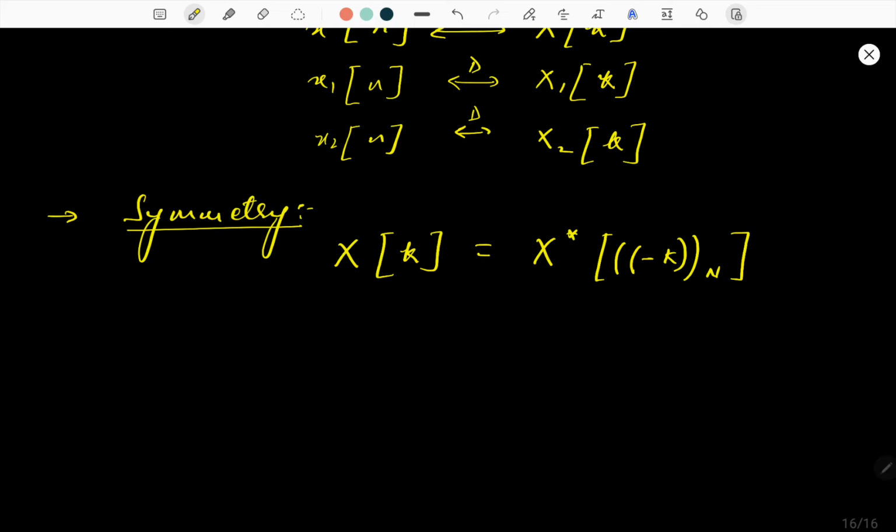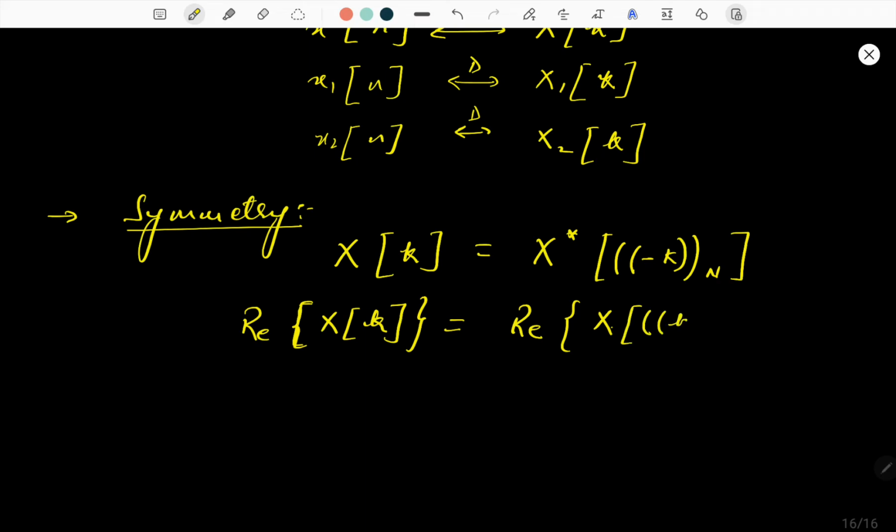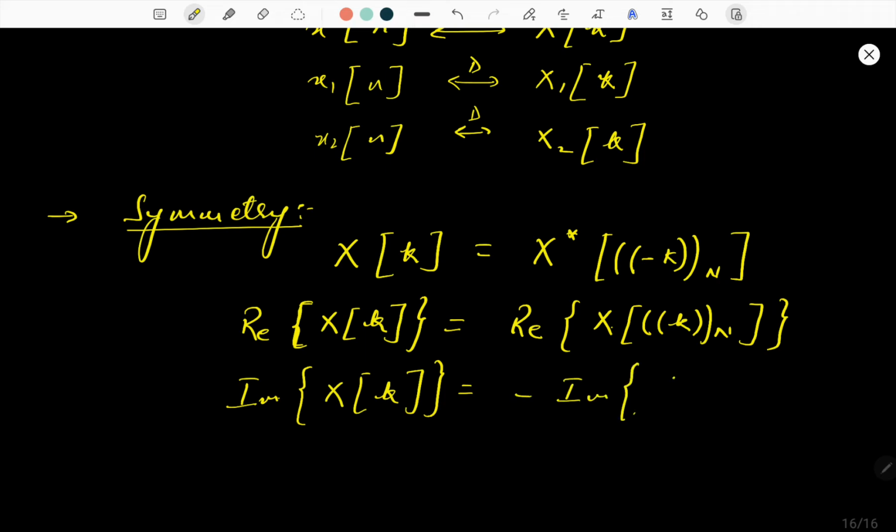Star is the complex conjugate. So the real part of X(k) should be equal to the real part of X(minus k), and similarly the imaginary part of X(k) should be equal to minus the imaginary part of X(minus k).